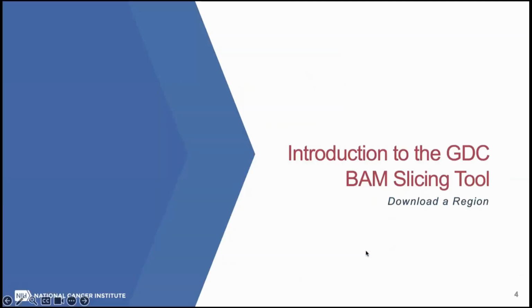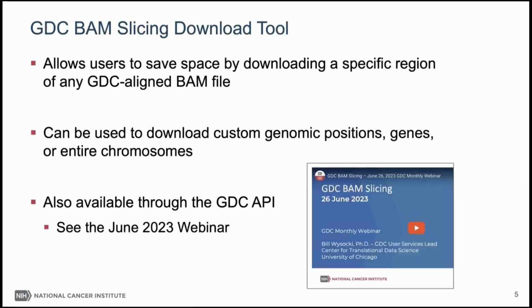So to first give an introduction to the GDC BAM slicing tool, this tool allows users to save space by downloading a specific region of any GDC aligned BAM file. That is one of the main functions here. You won't have to download the entirety of a BAM file. Only a specific region can be downloaded, and those regions can be custom genomic positions, so coordinates for a particular chromosome, specific genes, or entire chromosomes.